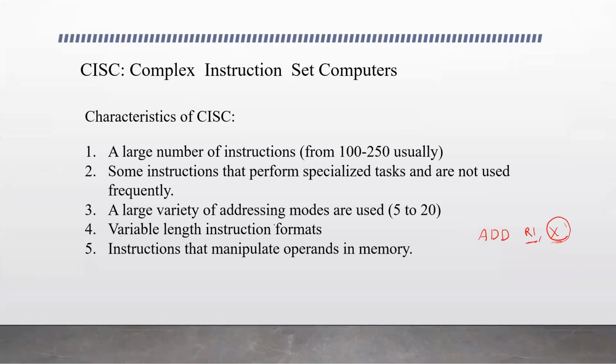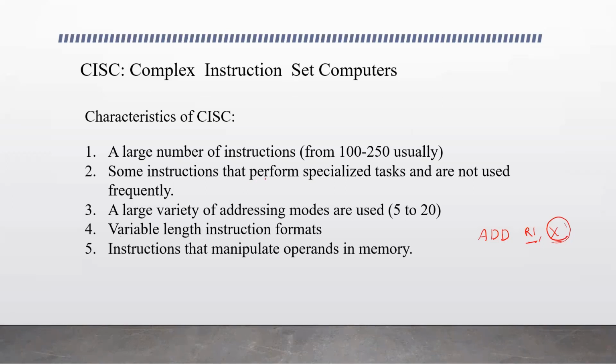So these are all the special characteristics of CISC, complex instruction set computers. It has a larger number of instructions, varying from 100 to 250. In CISC, there may be instructions that perform specialized tasks that are not used frequently.